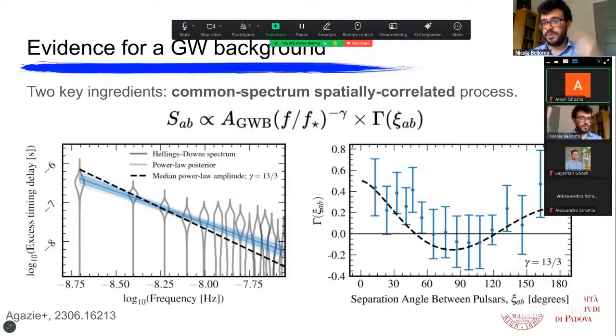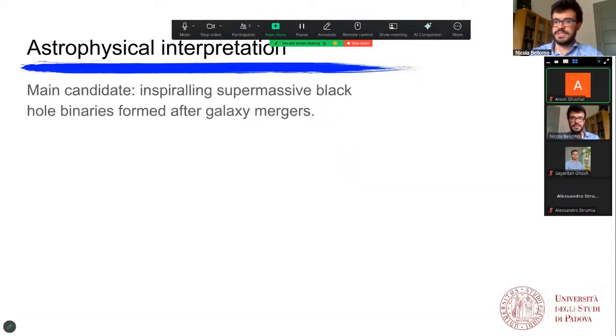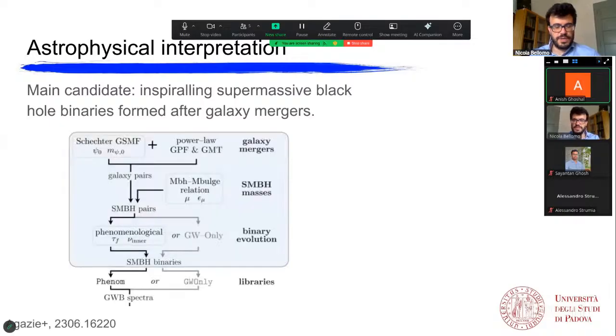Now that we are equipped with this detection, we can start asking ourselves what could generate it. And as I already told you, the main candidate was inspiraling supermassive black holes. These objects are typically formed as a result of galaxy mergers, but the dynamics that goes into such a process is quite involved. As an example, let me point out some of the ingredients that enter in the modeling of the signal that, for instance, NANOGrav uses.